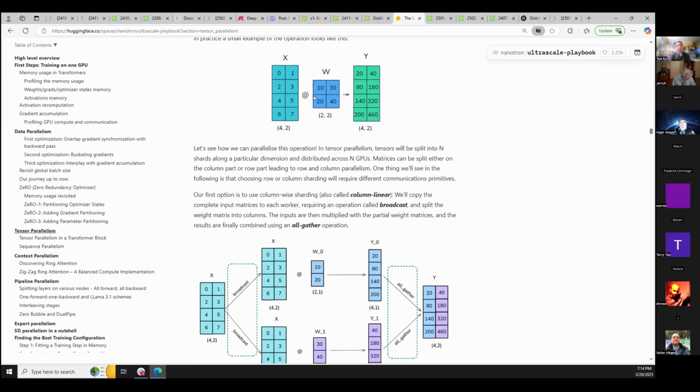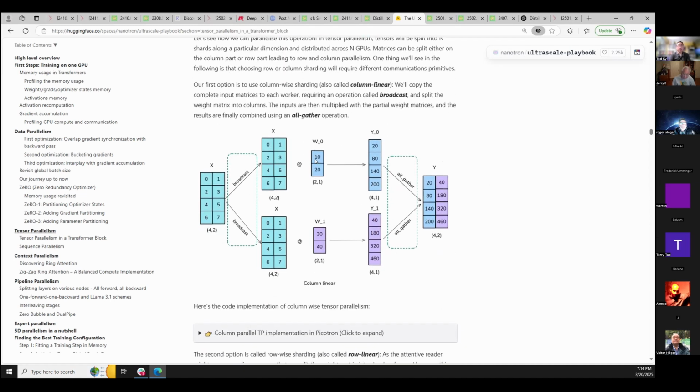So the first column is 10, 20 and the second column is 30, 40. And down here they show 10, 20 and 30, 40. If you have full copies of the data multiplied by this subset of the weights, you get two subsets of the answers that you can just stitch together column-wise.